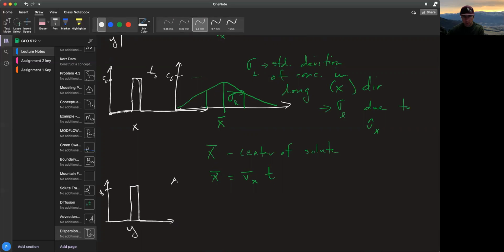But if we were to come now to this next position and draw a y profile, we would see that in the transverse direction, our concentration profile would be sharper. It wouldn't be as spread out.